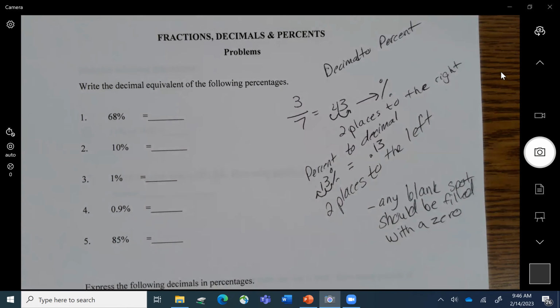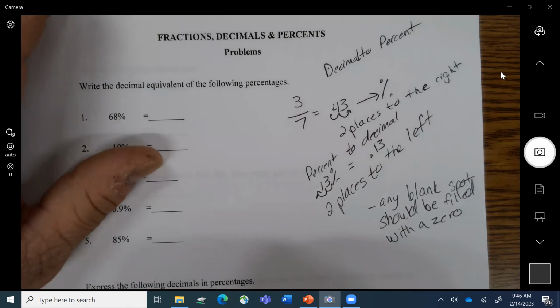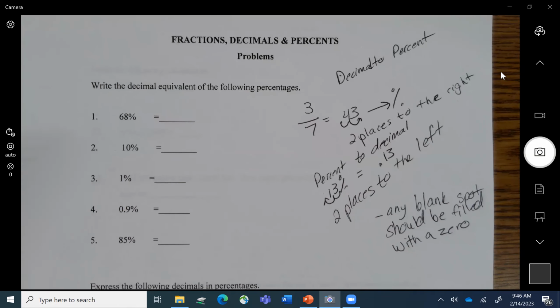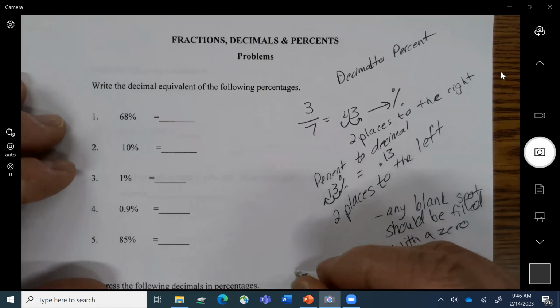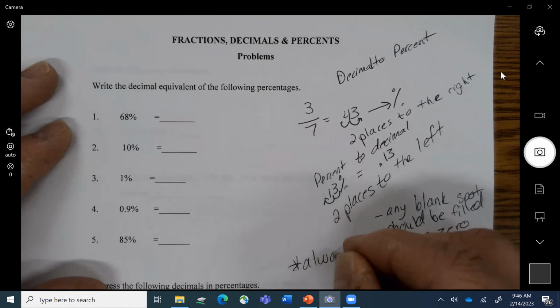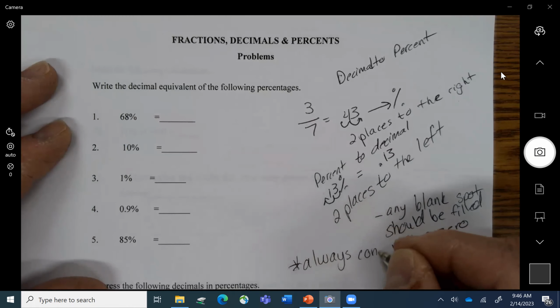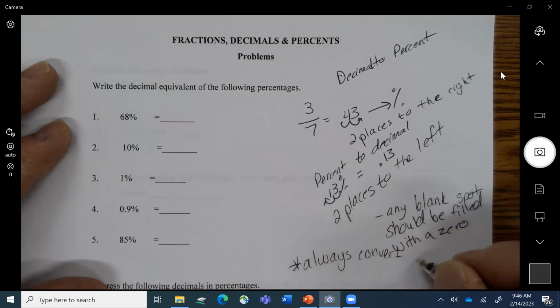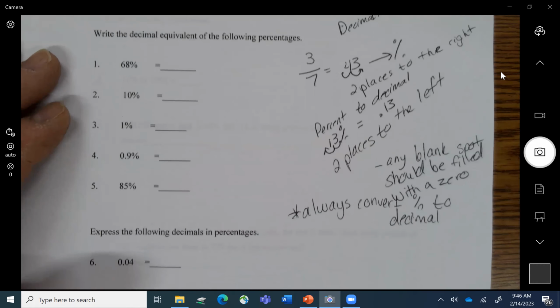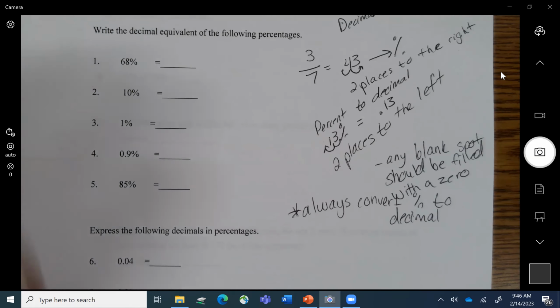Okay. So this is proverbial, quote unquote, homework or something for you. And another thing you should know, okay, always convert percent to decimal, okay? Whenever you go to do math, you should always convert a percent to decimal, I promise.